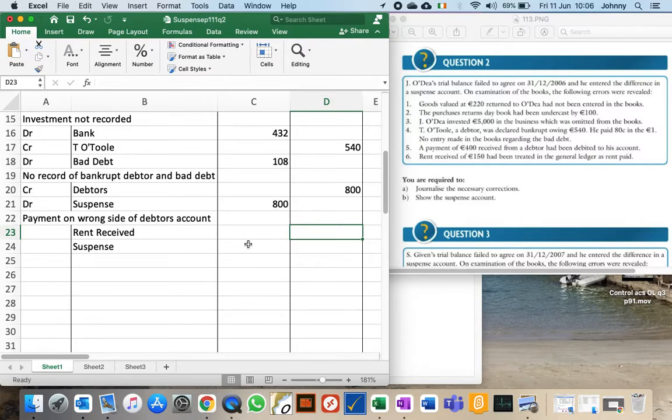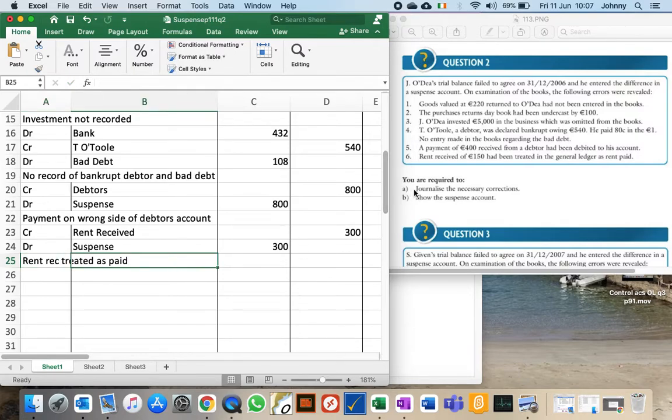So a bit like the previous one, I need to double it. So I put 300 on the correct side. So that means that's a credit. So that means my suspense must be a debit of 300. So rent received, treated as paid. Okay, so there's my adjustment.